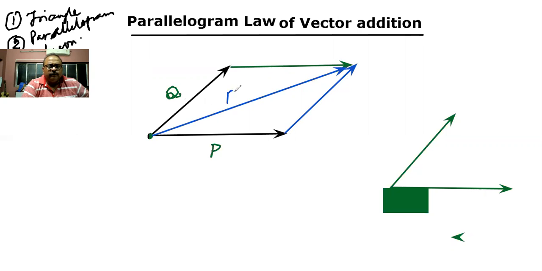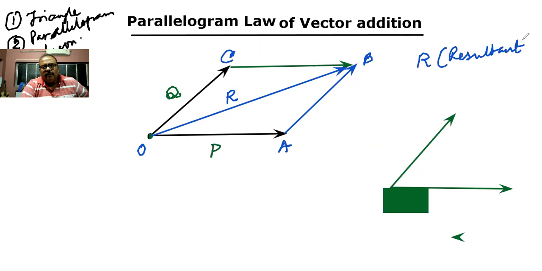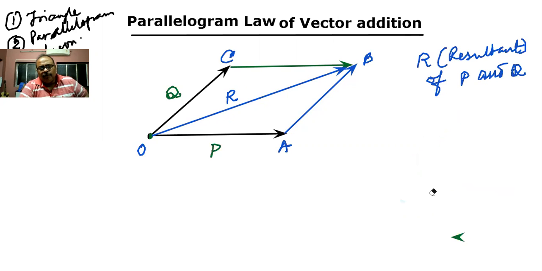I have considered two vectors, one represented by OA and the other by OC. Then their resultant will be represented by the diagonal OB. Here R is called the resultant of P and Q.